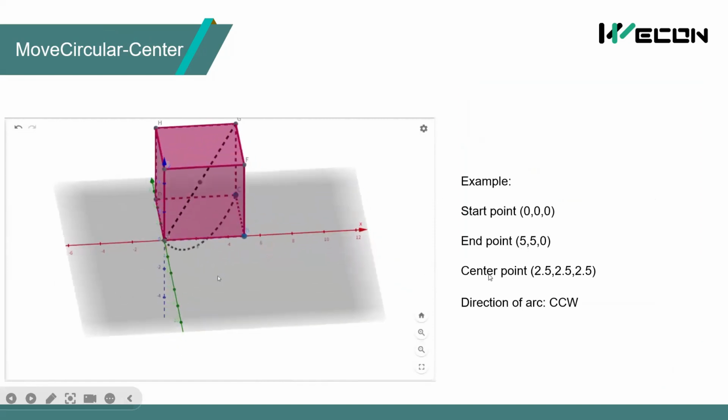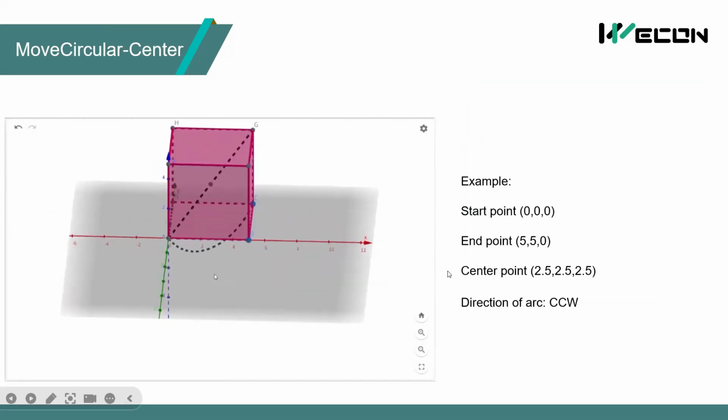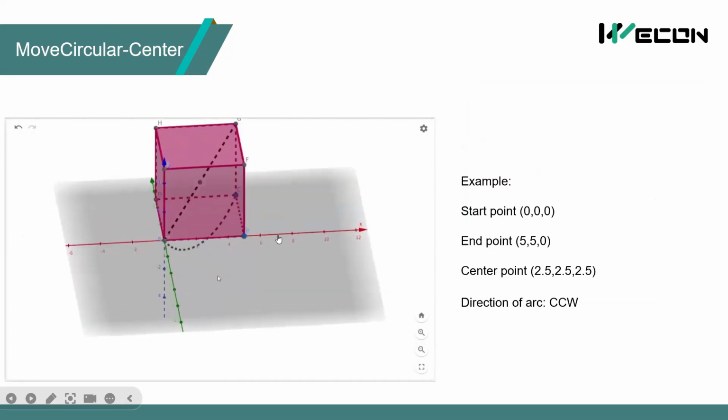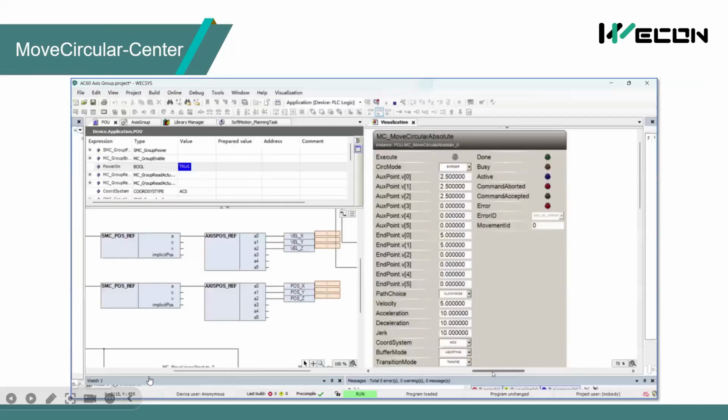If we want to use center mode to draw this curve, here our center should be 2.5, 2.5, and 2.5. And in the software, here I've already set the position directly. Sorry, this is center position. And our end position is 0, 5, 5.